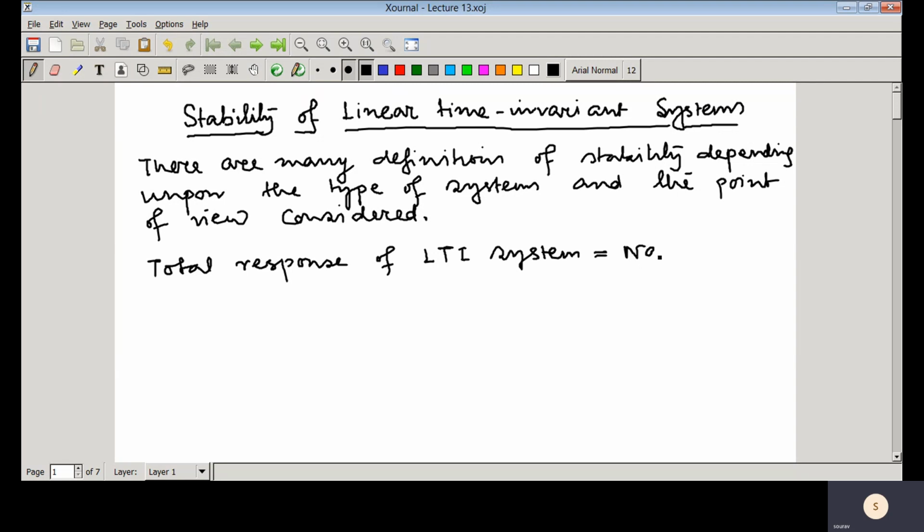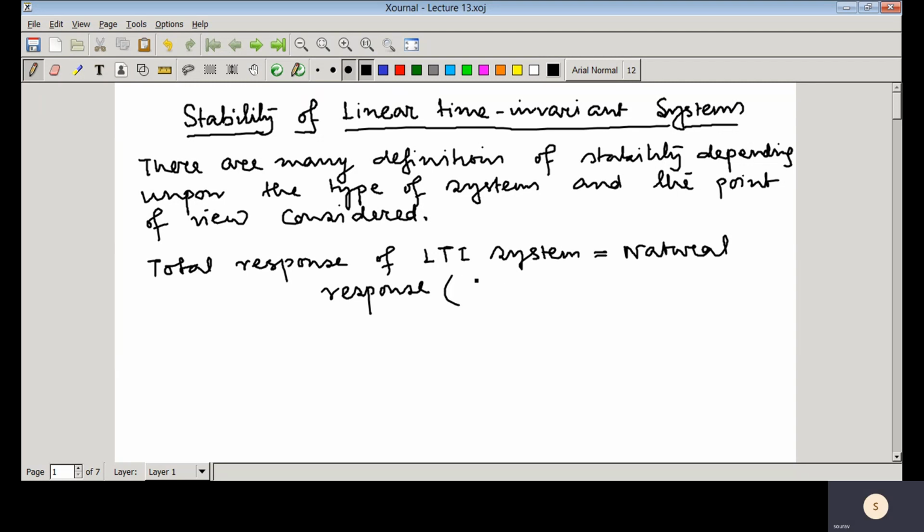What do you mean by the natural response? That means when there is no input applied to that system, the system will be driven by its initial condition. Because of that initial condition, the system would show some response. That is called the natural response. It is also called zero input response, because externally you are not applying any input to that system.